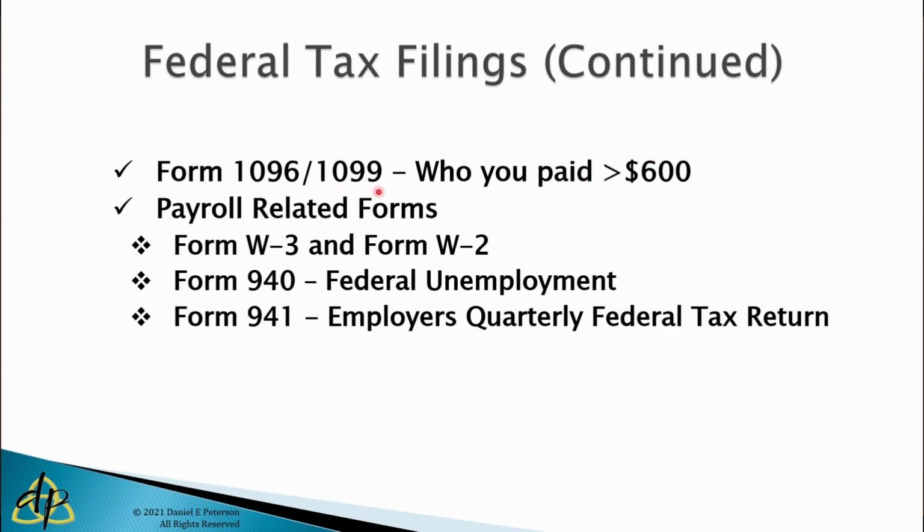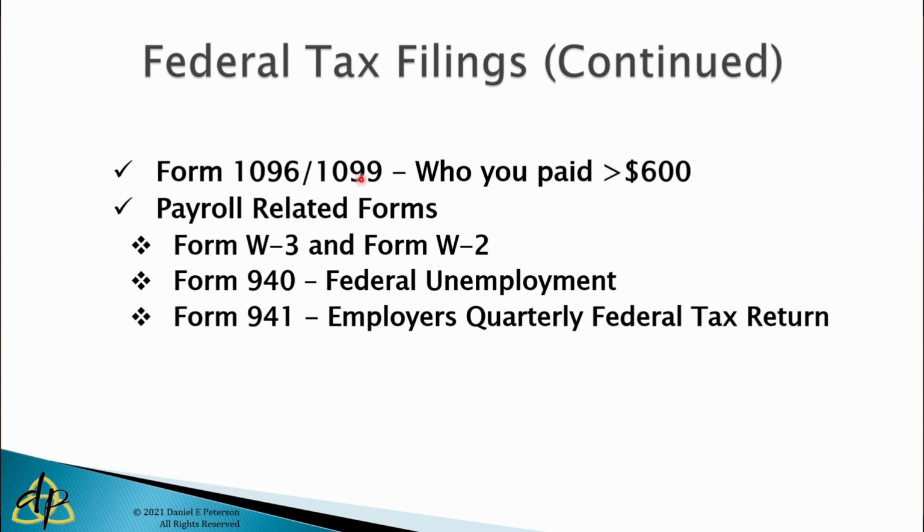If you need more information about that, be sure to check out my other video on the 1099-NEC forms. So besides sending that to the individual person that you paid more than $600, you also need to send the Form 1096 transmittal statement and the copies of the 1099s to the Internal Revenue Service.